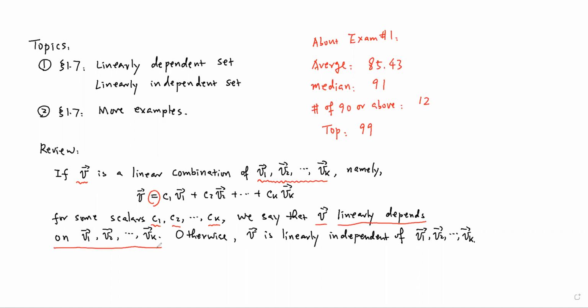So linear dependence is the same thing as linear combination.